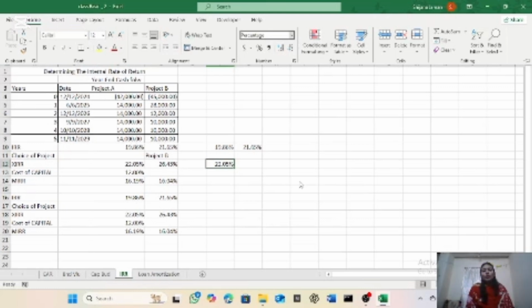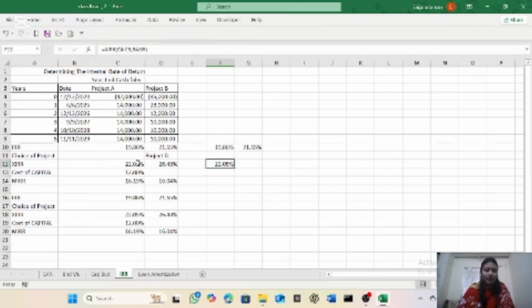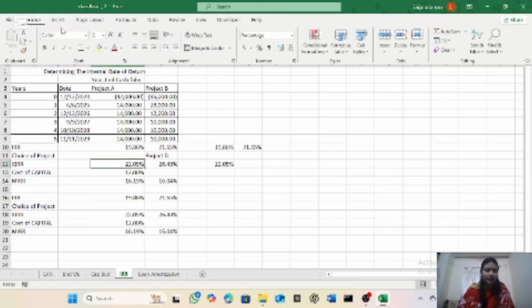Here we have to note a point that IRR, XIRR and MIRR are shown in percentage. So that's why we have converted it into percentage. 22.5%. Guys, our answer is 22.5%.